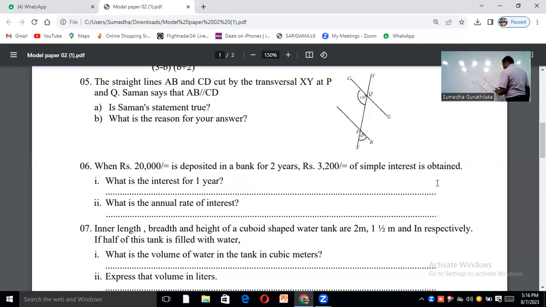AB, CD, XY is the transversal. Intersect at P and Q.